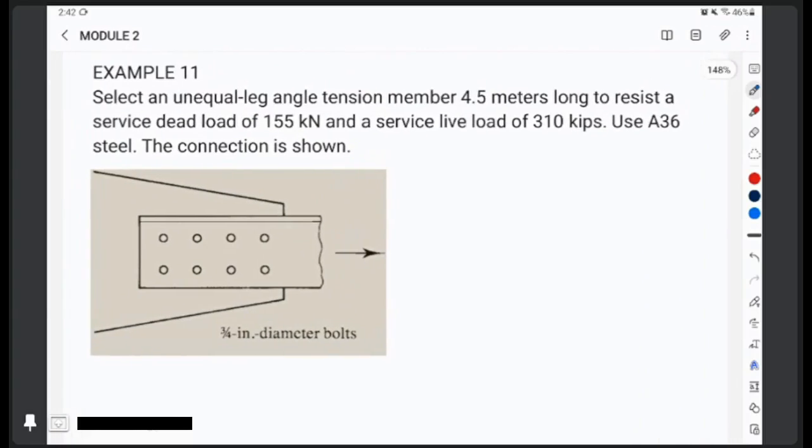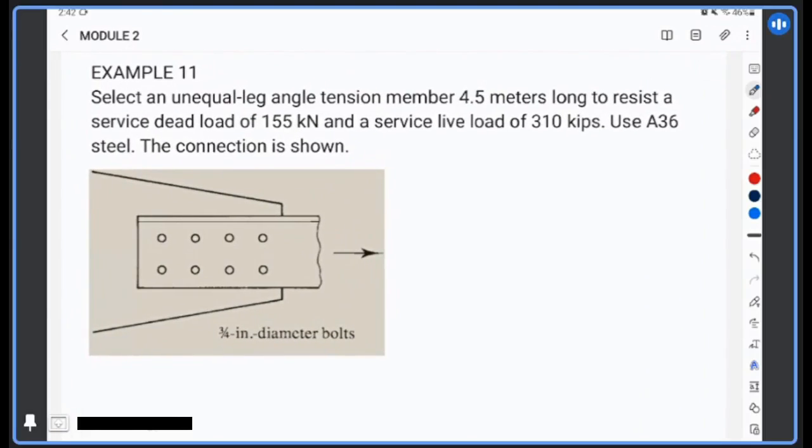Alright. So you have an example here. Naka-English pa rin ito, kinonvert ko lang. So we have here in the figure a plate with a connection of 8 bolts, 3/4 inch diameter.